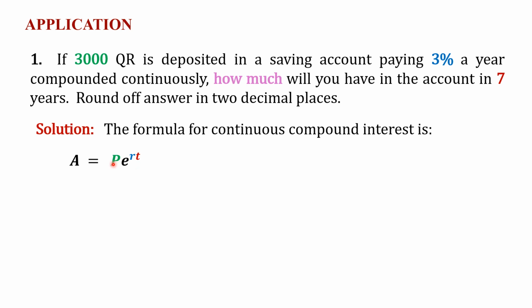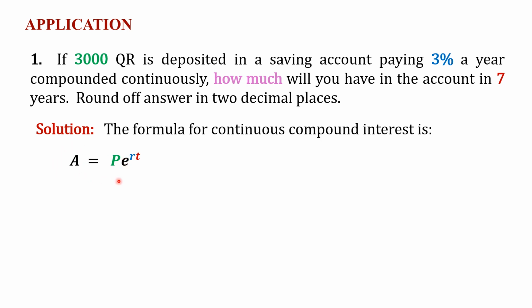So here in the given, I already put colors according to this formula. This P is the principal amount, which is 3,000, and this 3% here is the rate, and we can write this 3% as 0.03, and the t here is this red, which is 7 years. So the question here is, how much will you have? So meaning, what is the final amount?